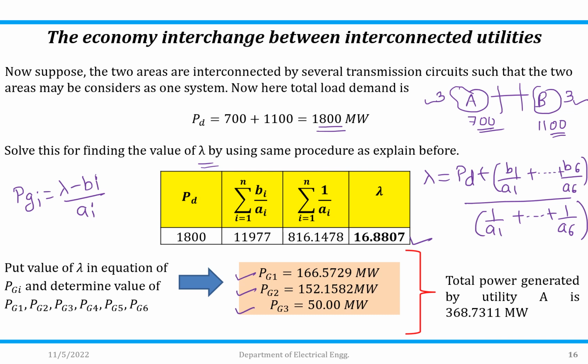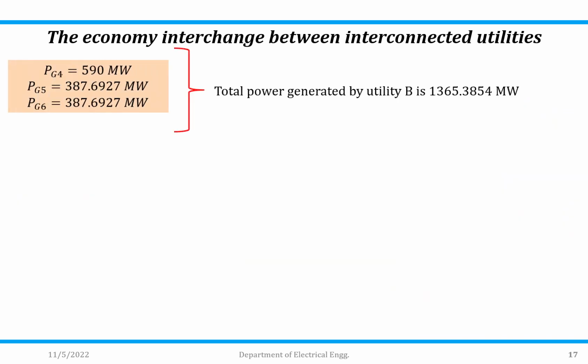If I add these, the total power produced by utility A is 368.7311. Similarly, for generators 4, 5 and 6, we find them using the same formula, lambda minus Bi upon Ai. So PG4, PG5, PG6, we will get this much megawatt of power.